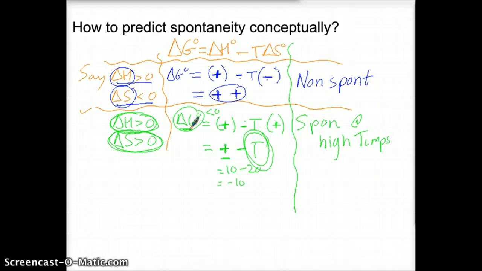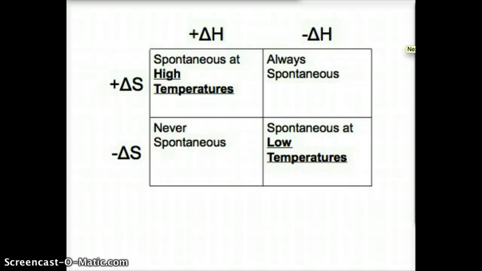We could go through the other two combinations as well, but what you come out with as a summary, besides these two, is this. If delta H is positive and delta S is positive, the reaction is spontaneous at high temperatures.